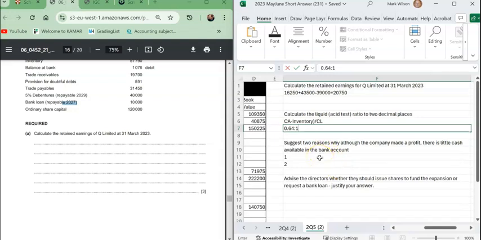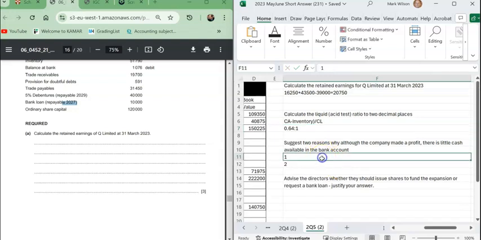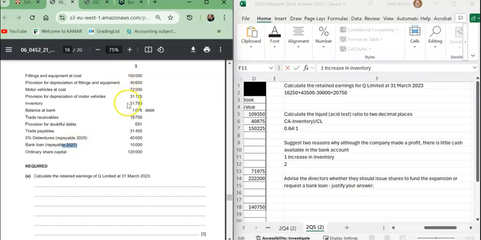So one reason could be because there's an increase in inventory. So instead of having your current asset as cash in bank, you've got all that money piled up in inventory. And you can see we've got quite a large inventory of 51,000.